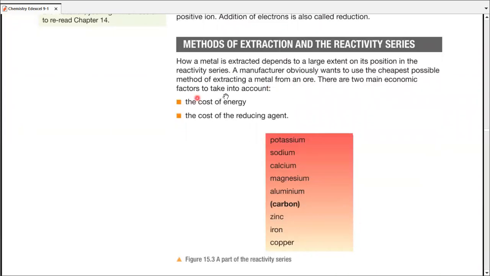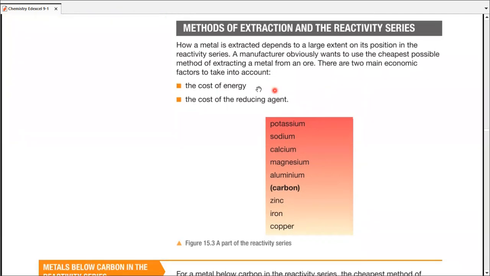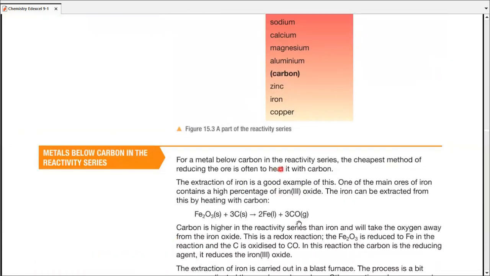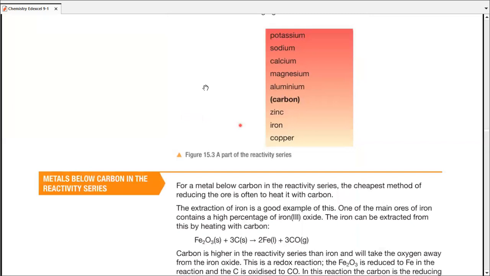The two main economic factors that we take into account are the cost of energy and the cost of the reducing agent. You'll understand these points as soon as we go through an example, because if I don't quote an example, they will not make any sense to you. So let's keep on reading, since an example would clarify it much better. I'm going to come back to this part once I've given you an example.